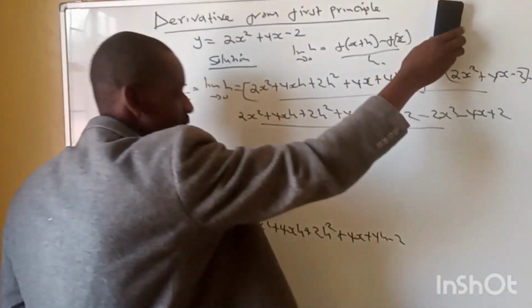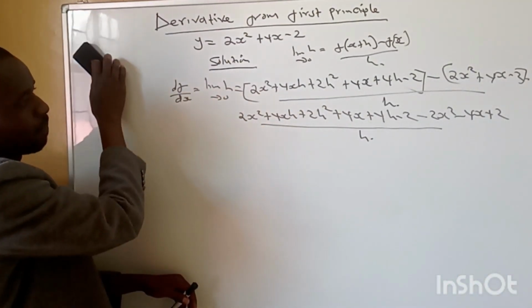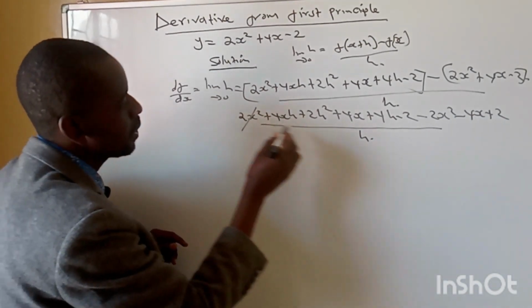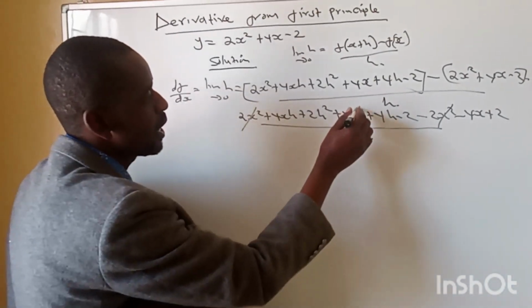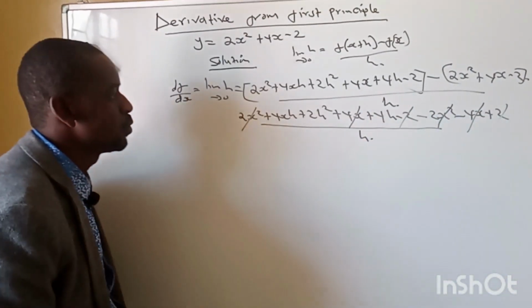I hope you're following. It's so easy. We can see 2x squared and 2x squared will leave the system, and then 4x also will leave the system, negative 2 and that 2 will also leave the system.